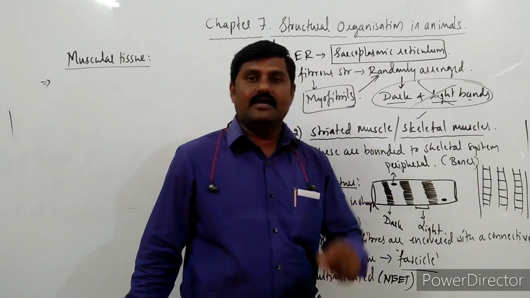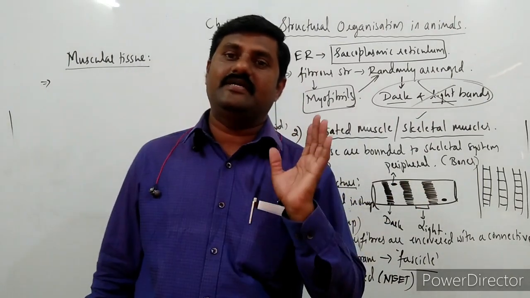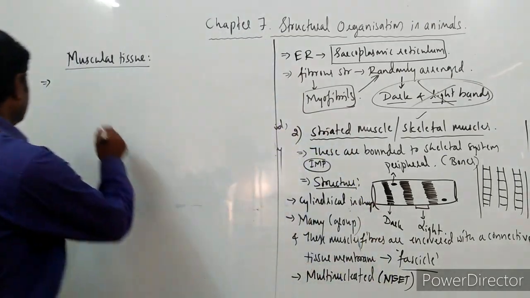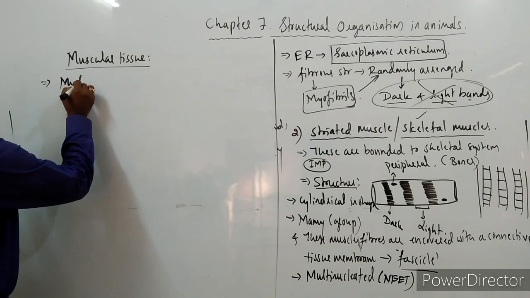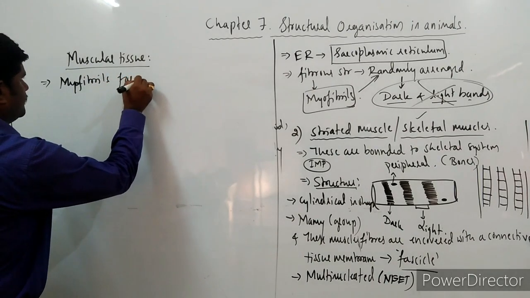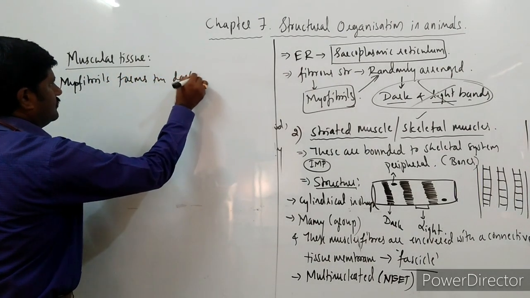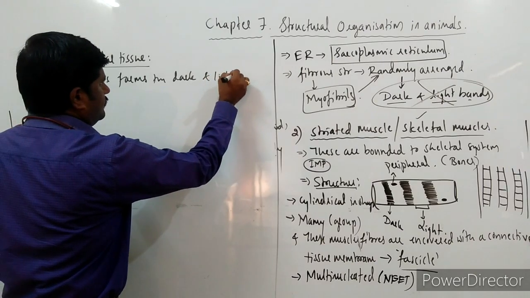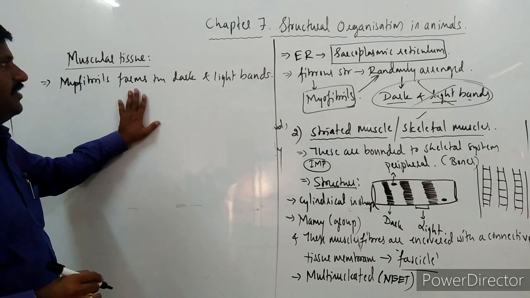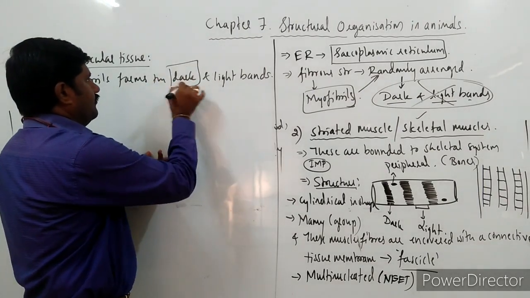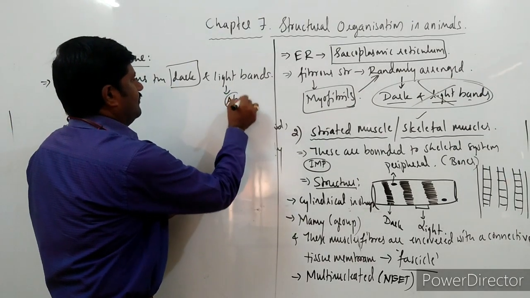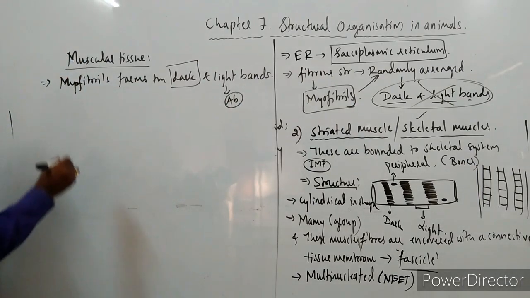So this way, the myofibrillar arrangement makes the dark as well as light bands, right? Their arrangement makes the dark ones, and the light bands are formed due to the absence of these myofibrils there.